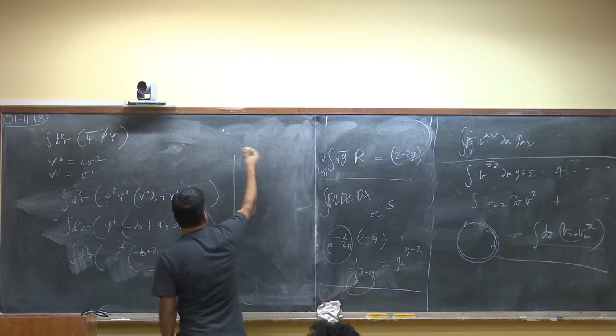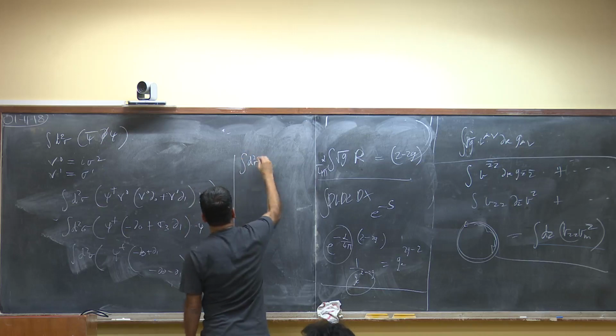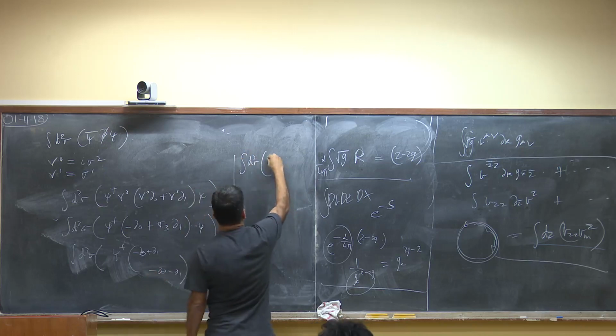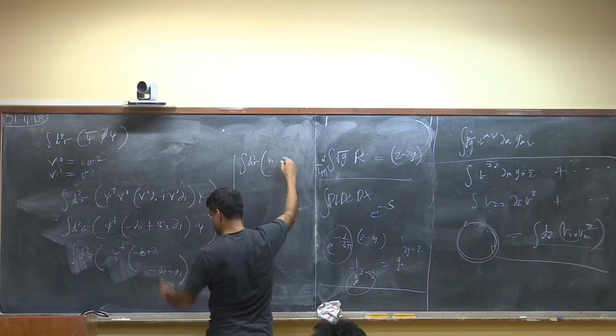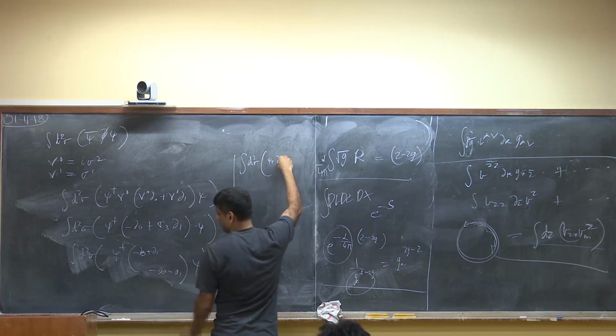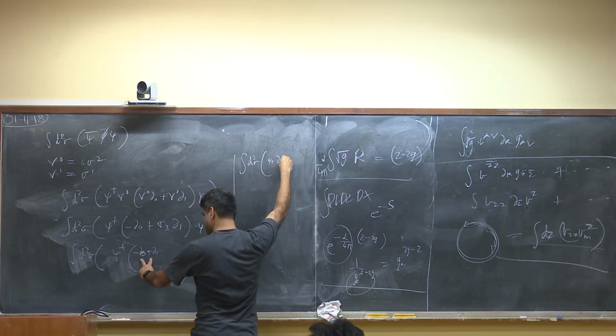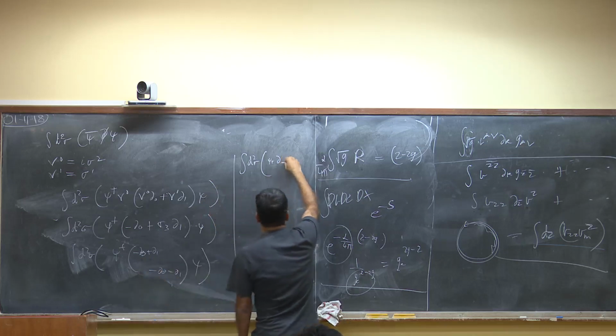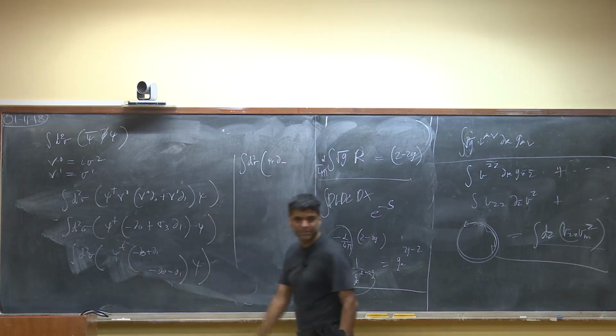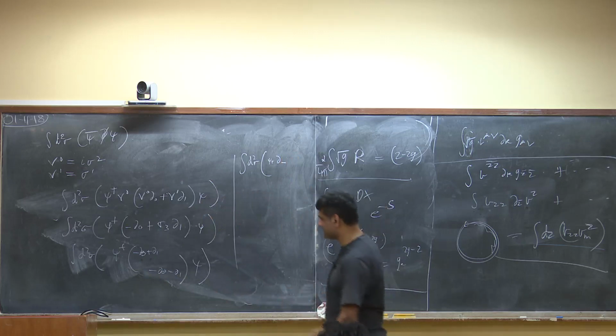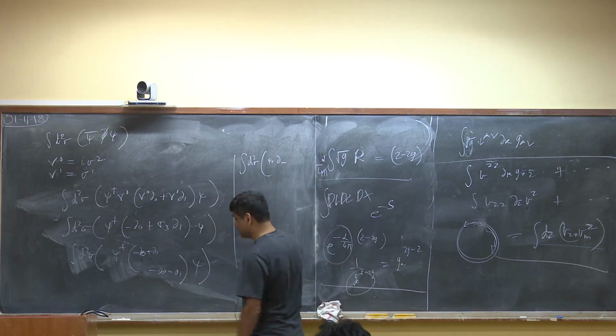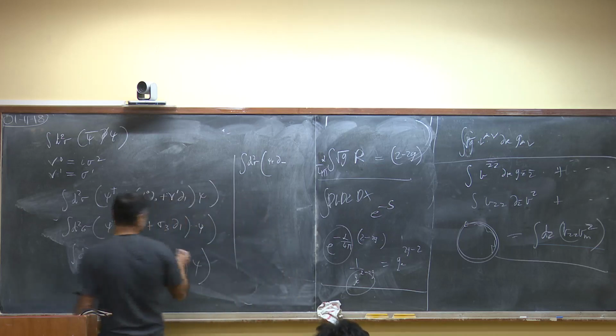So this is d2 sigma psi plus del, is this what we call del plus or del minus? Anyway, let's call it del minus for these purposes. This is del plus, then I'll call this del minus.